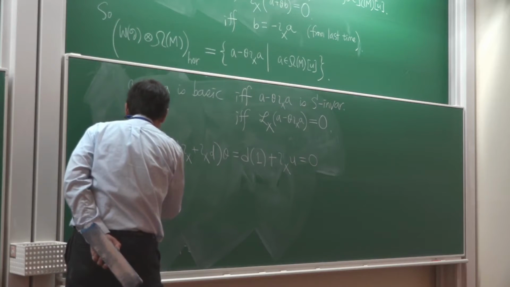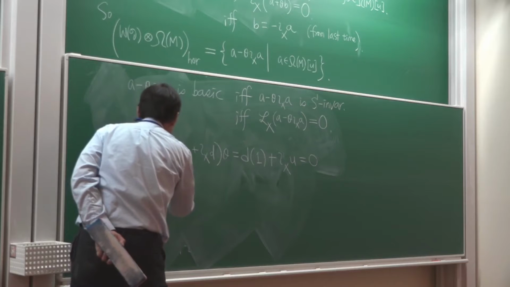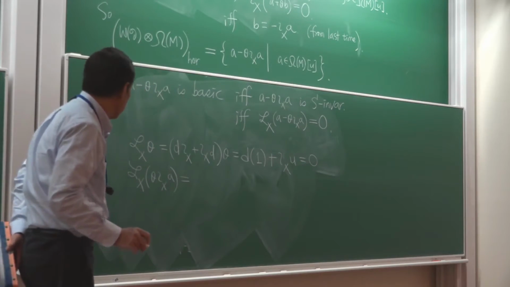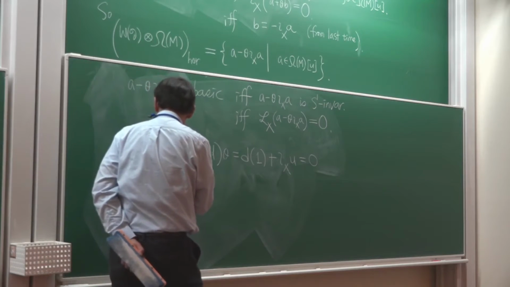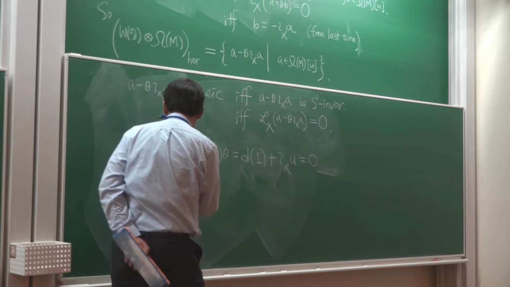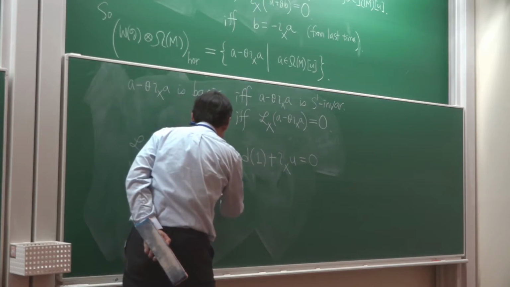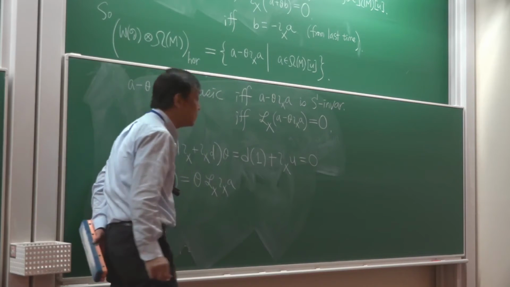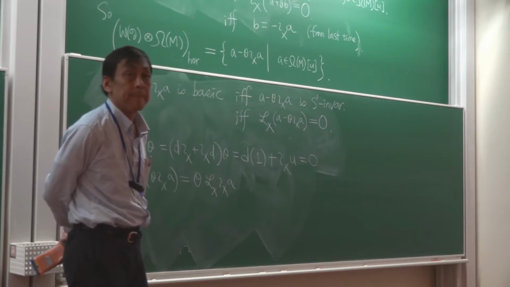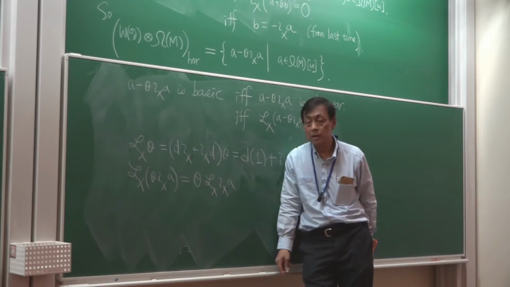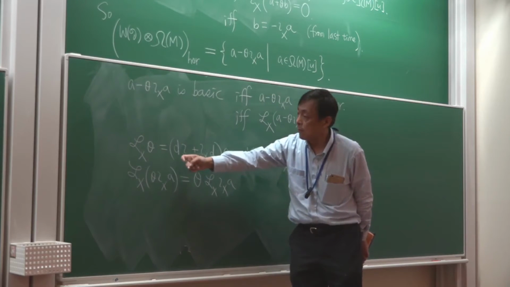And L_X of theta I_X A is, it's a derivation, so you first apply to theta, you get 0. Then you have theta L_X I_X A. Now, what's L_X I_X?